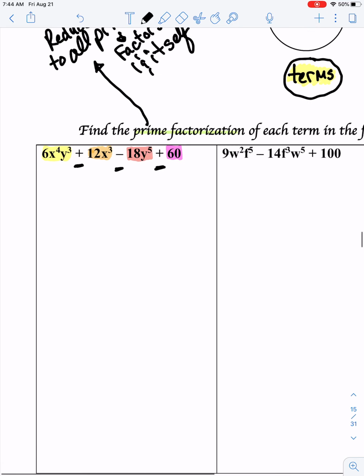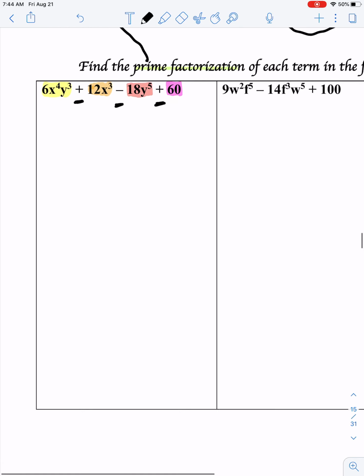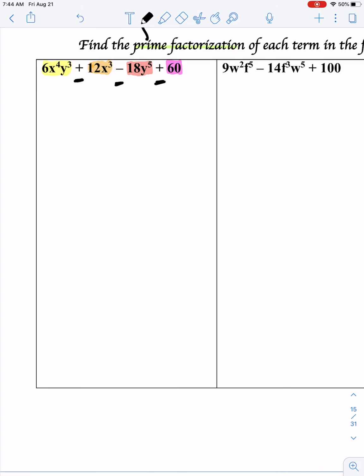Now, the easiest way to go about making sure you have a prime factorization is to just start with a number. So I'm going to start with 6 since it's first. So 6, and then you do this factor tree. You think, well, what times what is 6? You have 1 and 6. Well, 1 isn't prime, so I'm going to mark it out. What else can 6 be divided by?